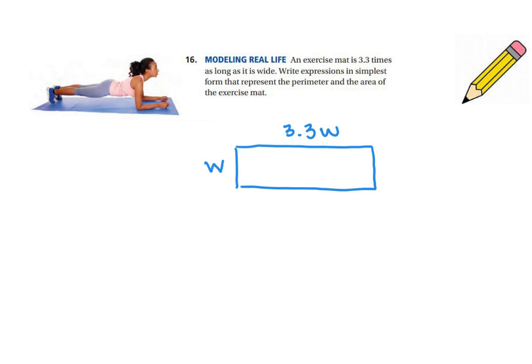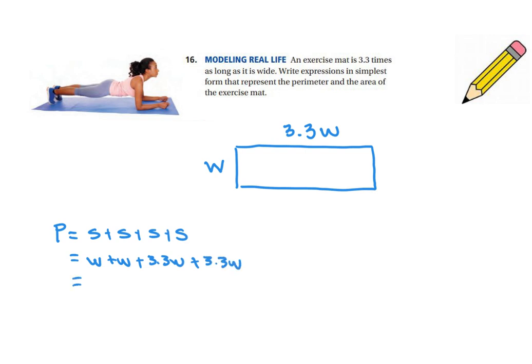So then it says, write in simplest form an expression that represents the perimeter and the area. Perimeter is side plus side plus side plus side. So in this case, we have W plus W plus 3.3W plus 3.3W.